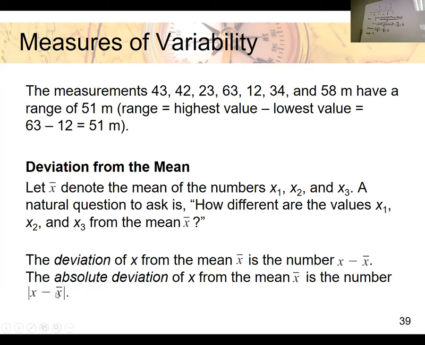It'll be x minus x bar, but you have to take its absolute value. If you recall, absolute value is always going to be a positive number. And absolute value means the distance that number is from 0 on a number line. So that's why we use absolute value. It's always positive.